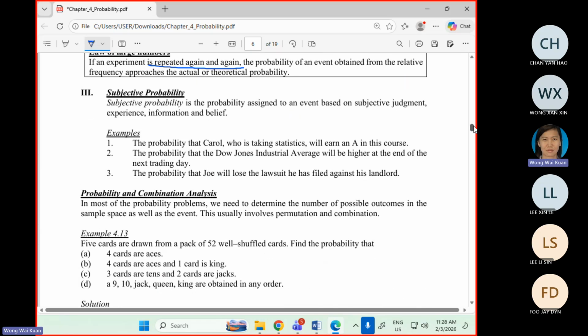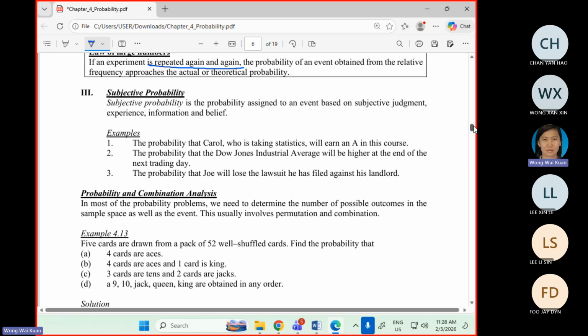Then another one is subjective probability. It's the probability assigned to an event based on judgment. So it's based on subjective judgment: somebody's experience, information and belief. So an example would be, what is the probability that Carol, who takes a statistics course, will earn an A in this course?